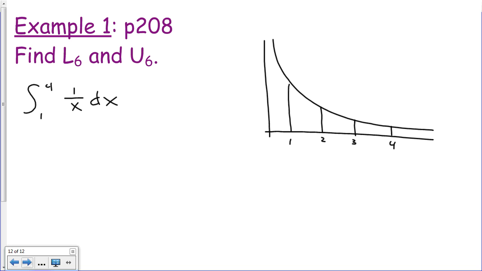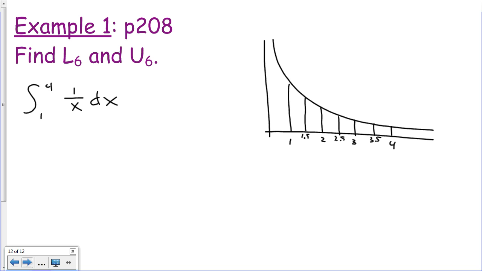And we're actually going to find U sub 6 and L sub 6. So we're going to split this up into 6 subintervals. I have it split up into 3 right now. Let me split each of these in half. And we'll get ourselves 6 subintervals. So this is actually at 1.5, 2.5, and 3.5 are the endpoints of those other subintervals.